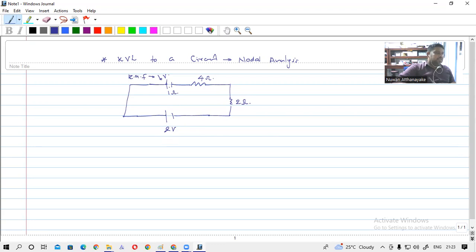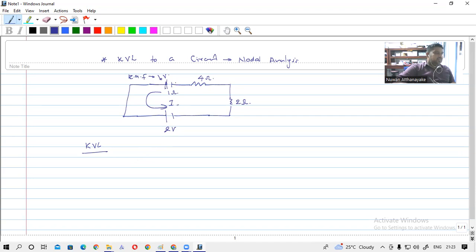Let's say that this is 2 volt, and there is no internal resistance for this battery. So if we use the Kirchhoff voltage law to the circuit, we can represent the current like this, and we can apply the Kirchhoff law here.